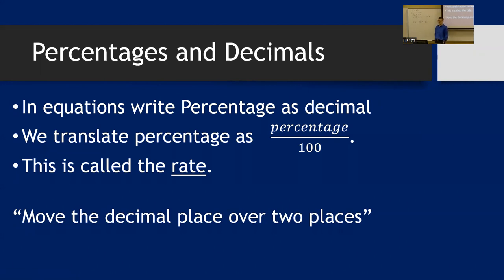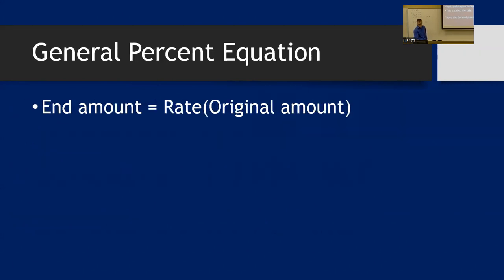To get the rate from the percentage, we just move the decimal over 2 spots. So this is the general percentage equation: the end amount that we're looking for is just the rate times the original amount.